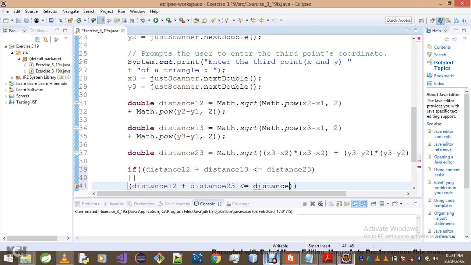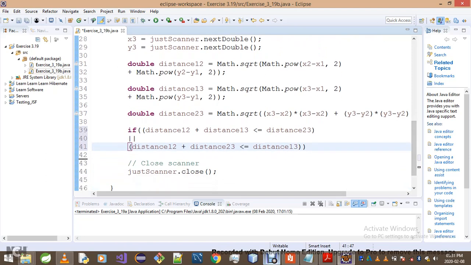Okay, so what we want to do now is the third case.